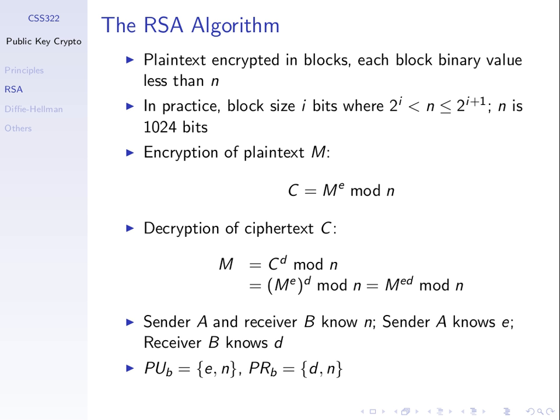When does a number have a multiplicative inverse? Not all numbers have a multiplicative inverse. A number will have a multiplicative inverse if that number and the modulus are relatively prime. Let's remind you of that.